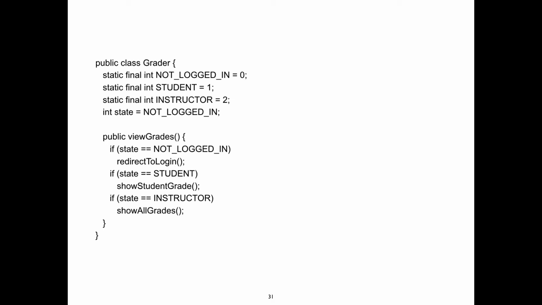So the state pattern is the obvious alternative, right? What we're going to do is have a state object like we had an algorithm object, and the state object, when you're not logged in, is just going to say, you want to view grades? Automatically go to the login page, right? You want to post grades and you're not logged in? Automatically go to the login, right?